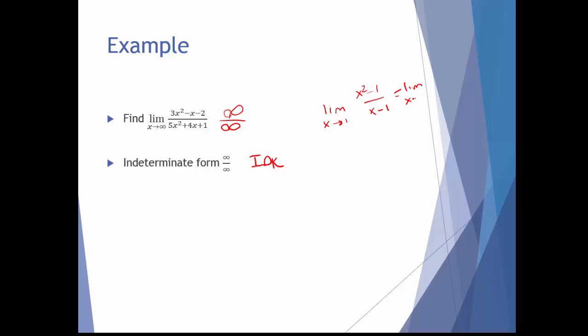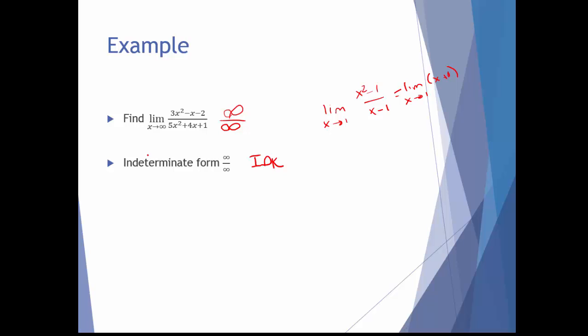You factored the numerator to (x plus 1) times (x minus 1) and canceled the x minus 1s. And this ended up being the limit as x approached 1 of x plus 1. And then you were able to directly substitute. So the idea is you need to alter what your current limit looks like.